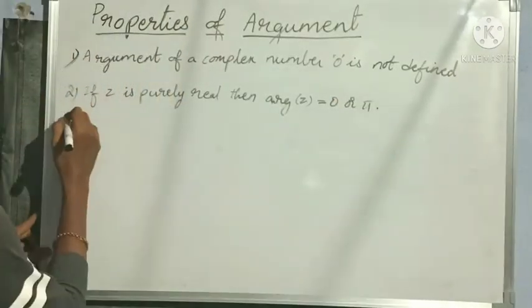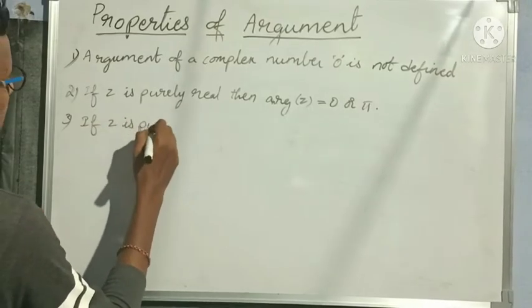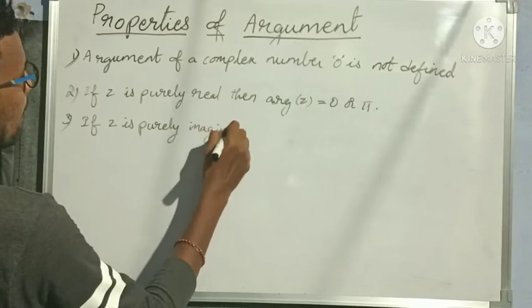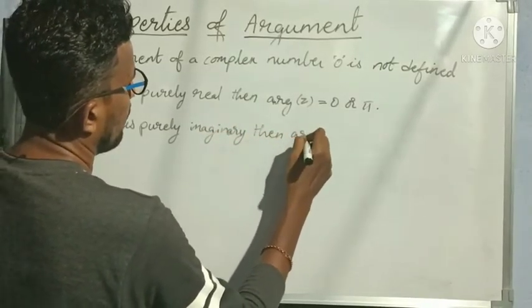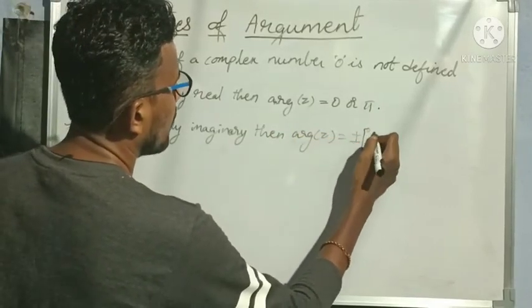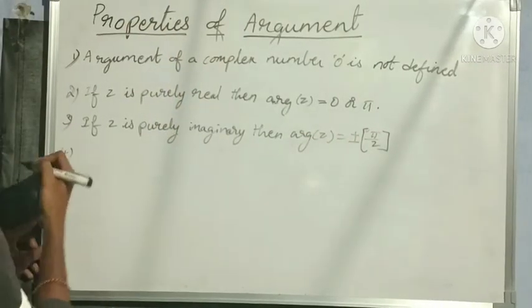This is the second property. Next, third property: if Z is purely imaginary, then argument of Z is equal to plus or minus pi by 2.